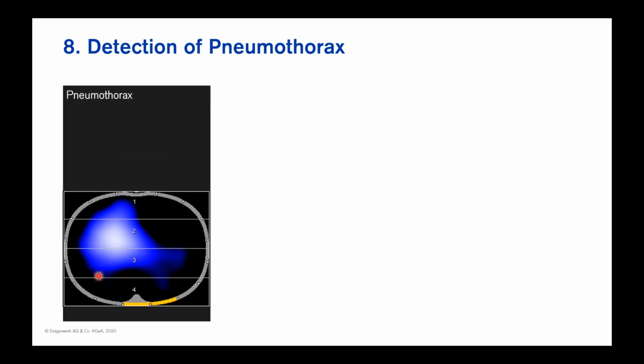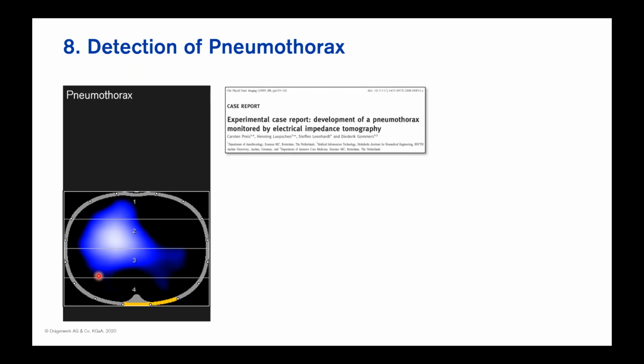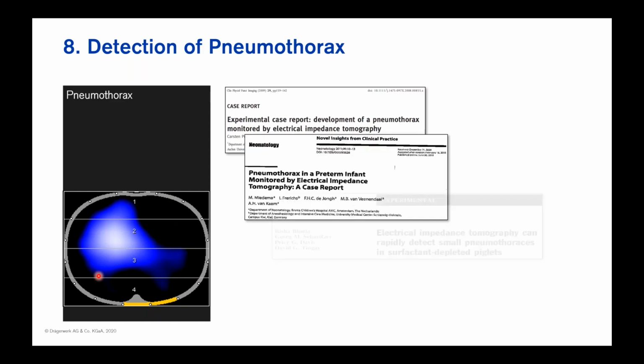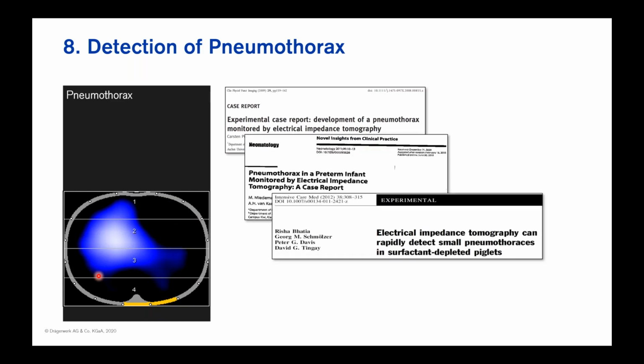The last example I would like to show you is the detection of a pneumothorax. Pneumothorax is something that has not really been systematically studied, so most reports on pneumothorax detected by EIT, I should say, are single case reports. Well, there's definitely a characteristic pattern in the way that we have an absence of ventilation in those affected lung regions.